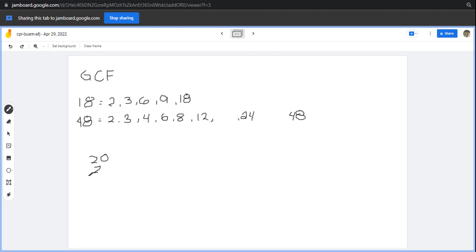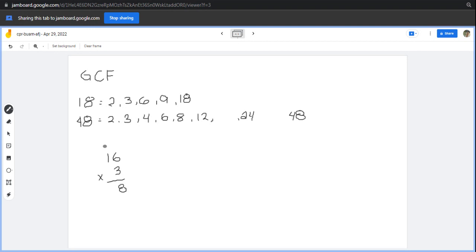Think of any number that can be divided into 48. I think number 16. 16 can be divided into 48. For example, 16 times 3. 6 times 3, this will be 18.